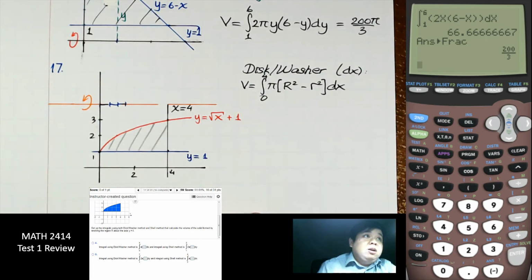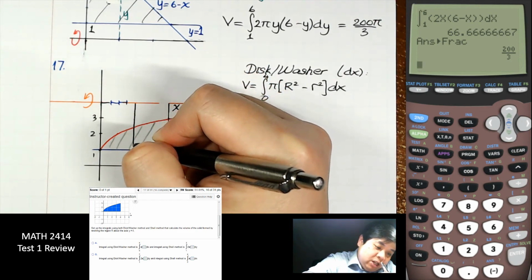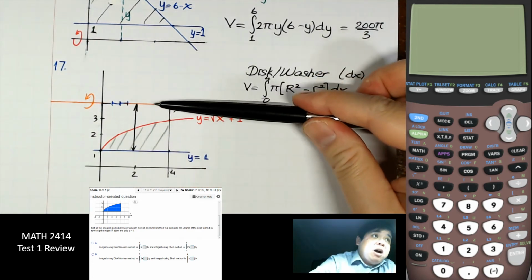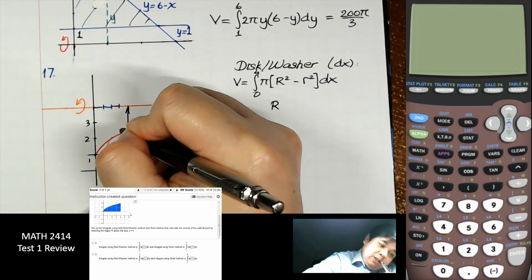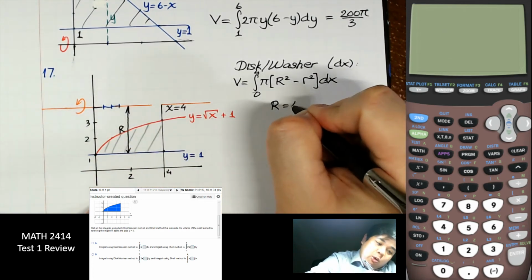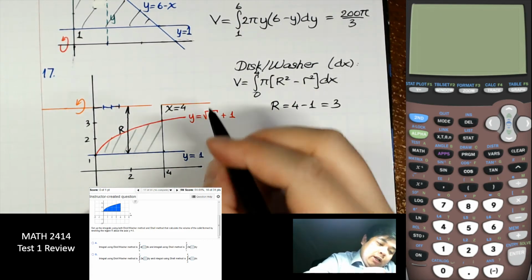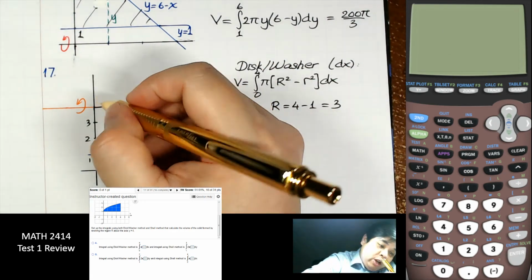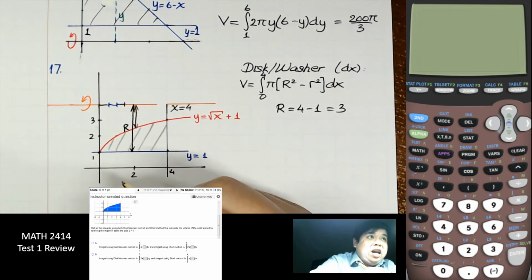Now just determine the big radius and the little radius. So the big radius is from the axis of rotation to the outer edge, bounded above by 4, below by 1. So the big radius is 4 minus 1, which is 3. The little radius will be from the axis of rotation to the inner edge, the closer edge.